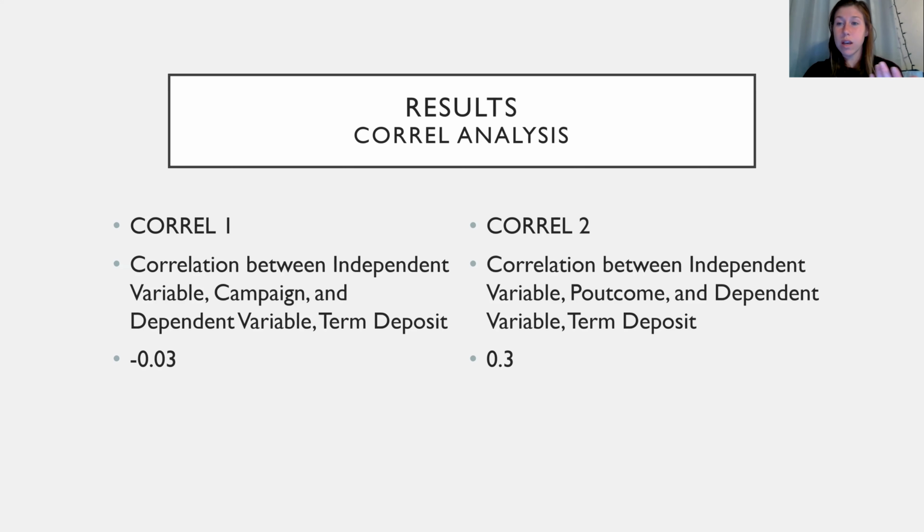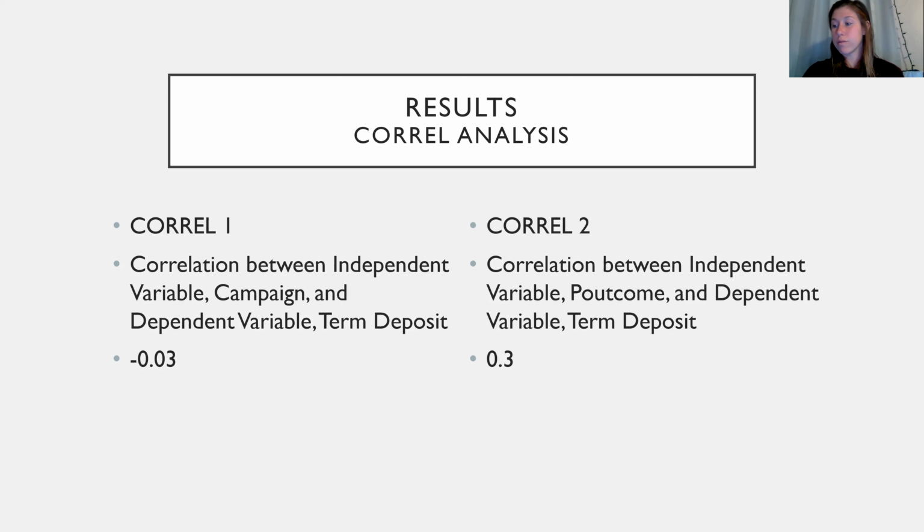And then here are the results of the two correlation formulas that I computed in Excel. For the first one, I analyzed the relationship between the independent variable campaign and dependent variable term deposit. My answer was a negative 0.03, showing no correlation.